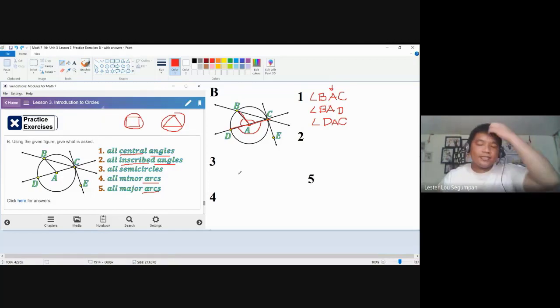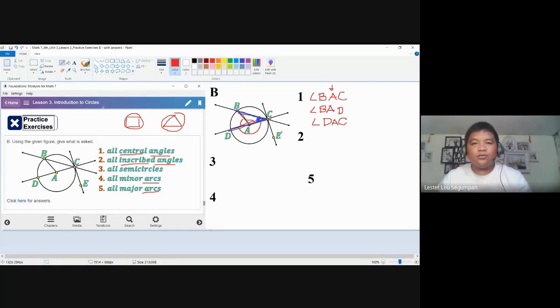If we talk about inscribed angles, its vertex is a point on the circle and its sides are chords. The chord may be a diameter because, again, a diameter is the longest chord. I'm talking about this angle here. Its vertex is point C, a point on the circle, and its sides are chord and chord.